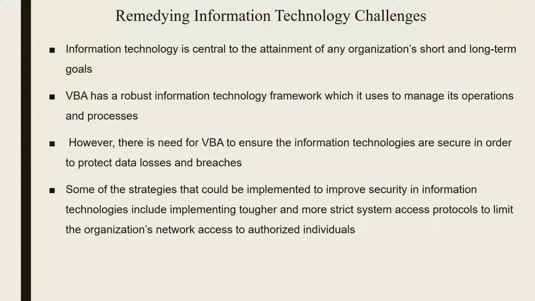However, there is a need for VBA to ensure that information technologies are secure in order to protect against data losses and breaches. Some of the strategies that could be implemented to improve security in information technologies include implementing tougher and more strict system access protocols to limit the organization's network access to authorized individuals.